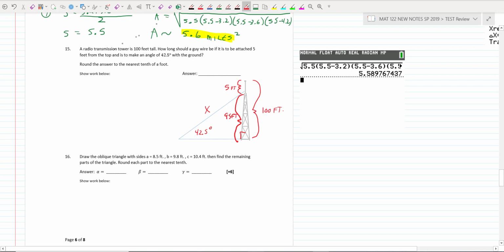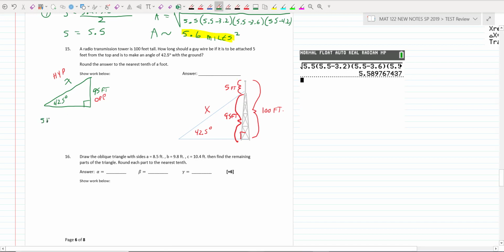So what you have then is a right triangle, and in this right triangle you have X here, you have 42.5 degrees here, and then you have 95 feet there. That's enough information to figure out X. So if you talk this out, in relationship to this angle, that's the side opposite. That's the hypotenuse. So the sine is opposite over hypotenuse.